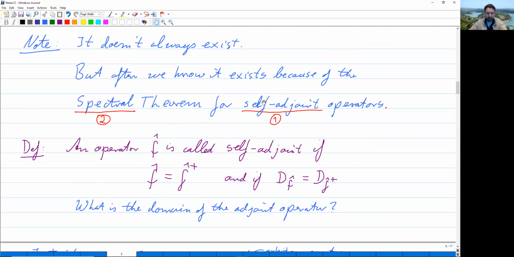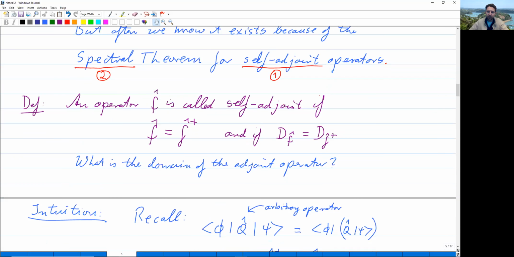That's what we just discussed. So f hat must be acting the same way as f hat dagger, but f hat and f hat dagger also must have the same domain. We will later see concretely where this matters. And then secondly, in order to be able to cover the spectral theorem, we need to discuss spectra. What is the spectrum of an operator?